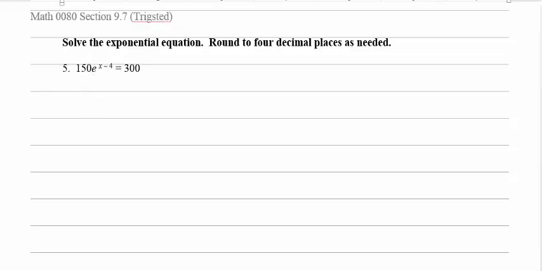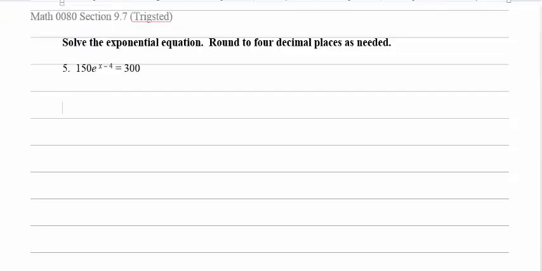Notice in this case, the thing that's keeping the exponential from being isolated is the 150 times the exponential e to the x minus 4, which is equal to 300.